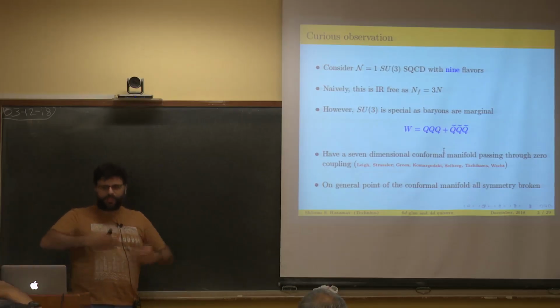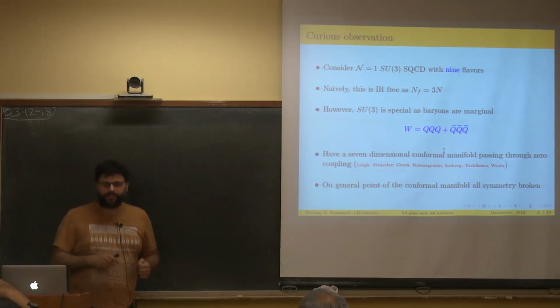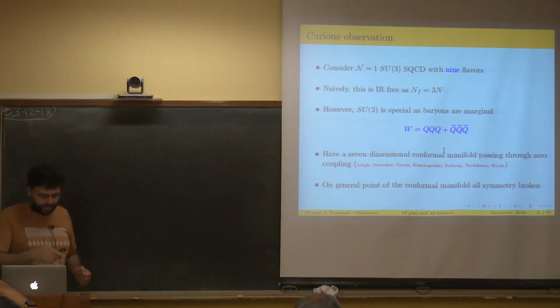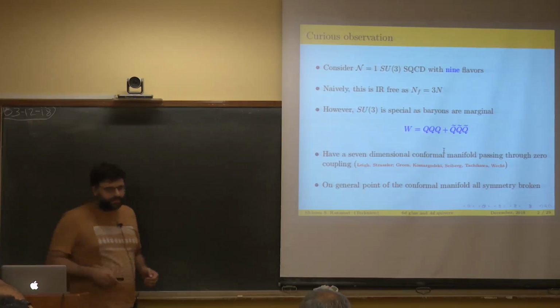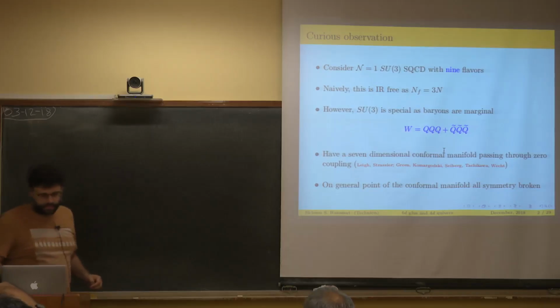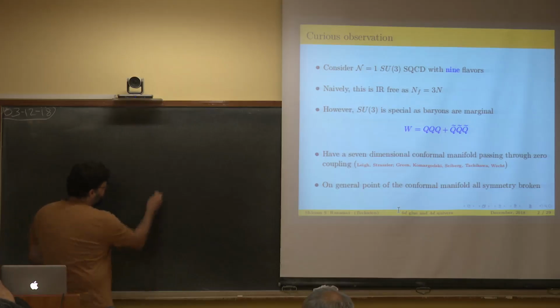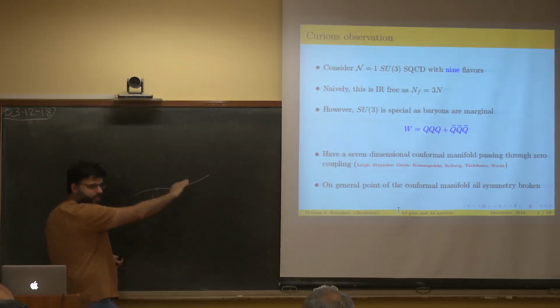The way for it to become marginally irrelevant is to eat a conserved current and form a long multiplet, and then become marginally irrelevant, not exactly marginal. Okay. And the R symmetry which governs the dimensions, etc., the conformal... It's a free R symmetry. It's important. So this is a conformal manifold. There is a free point, and then there is a conformal manifold which is 7-dimensional, which passes through this point.